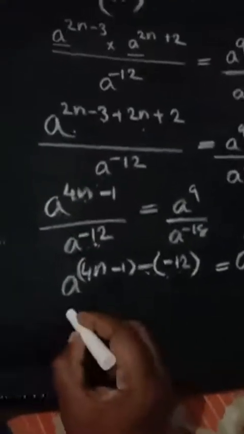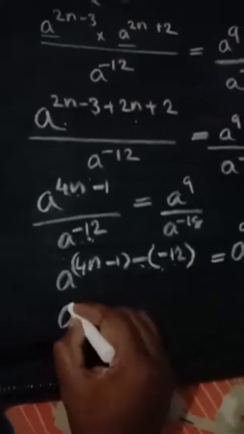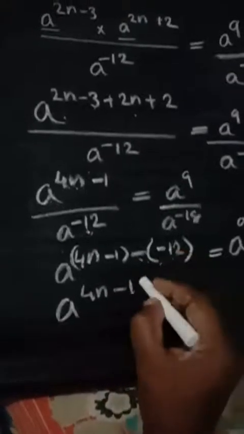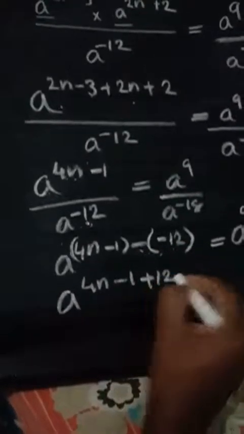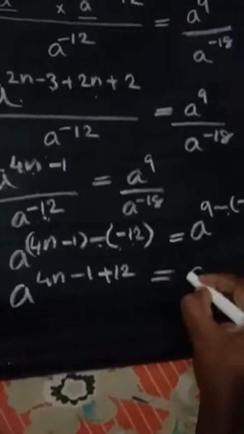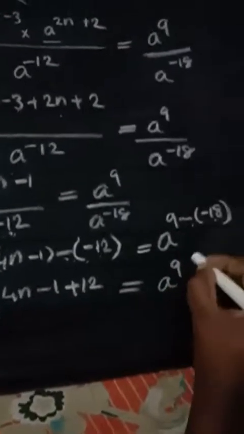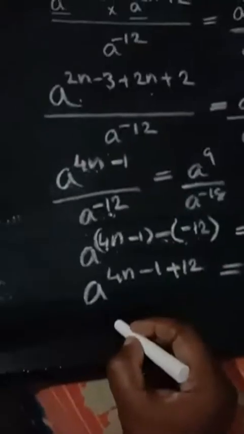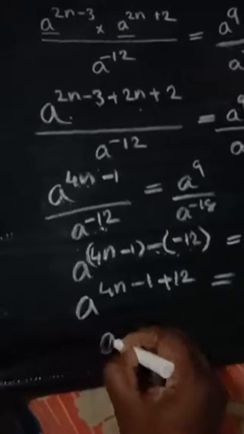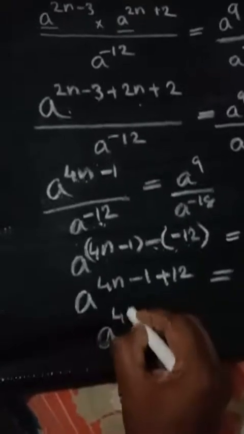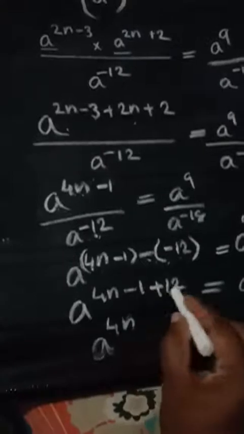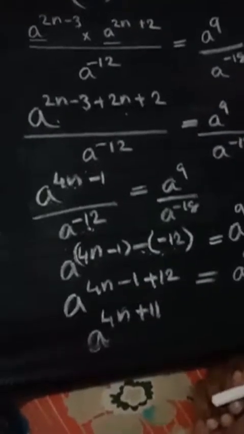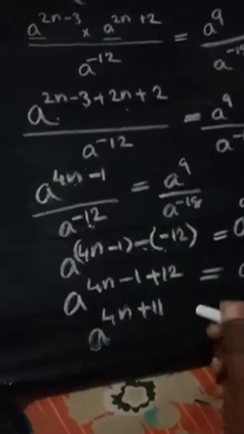Now we can remove the bracket: a^(4n−1+12) equal to a^(9+18). Minus 1 plus 12, one is positive and the other is negative, so plus 11.